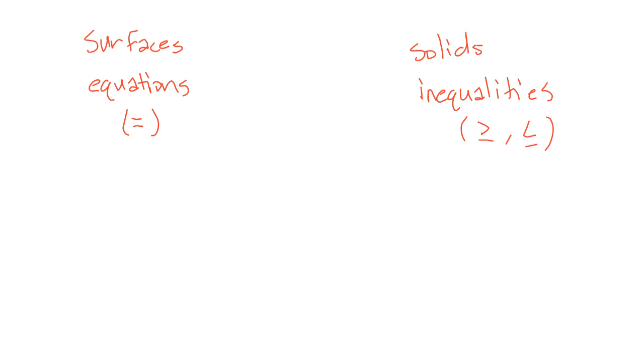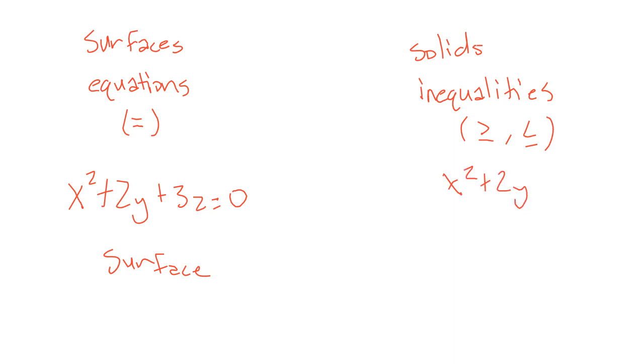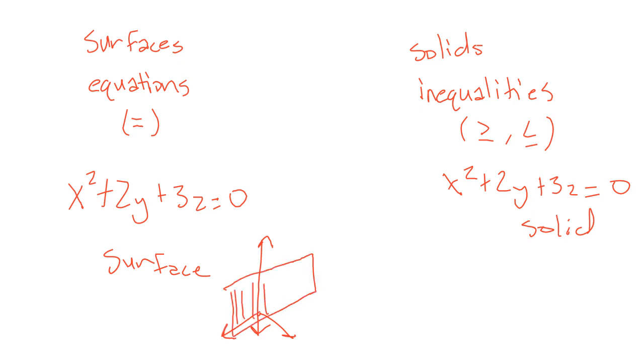So for example, if we had x squared plus 2y plus 3z equals 0, that would be a surface. If we had x squared plus 2y plus 3z less than or equal to 0, that would be a solid. I don't know exactly what this graph looks like, but let's just say this is some sort of plane, and that's all we have here.